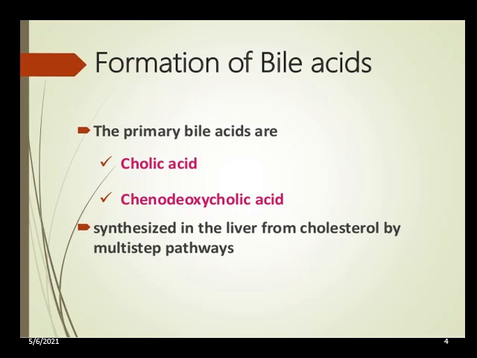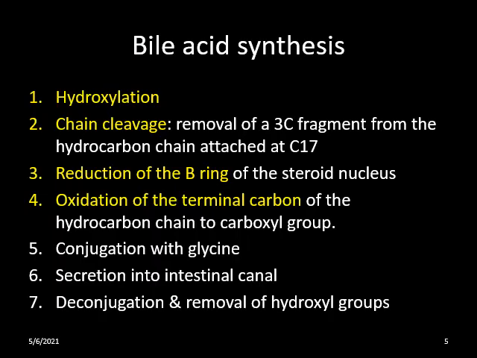Regarding bile acids, the primary bile acids are cholic acid and chenodeoxycholic acid, synthesized in the liver from cholesterol by multi-step pathways. Bile acid synthesis consists of mainly 7 reactions. First, hydroxylation.